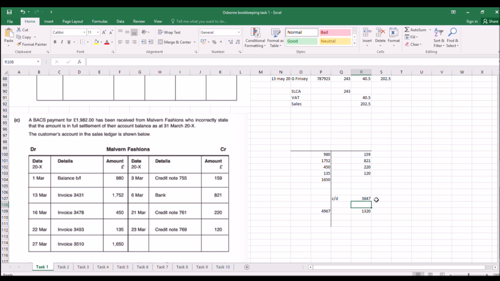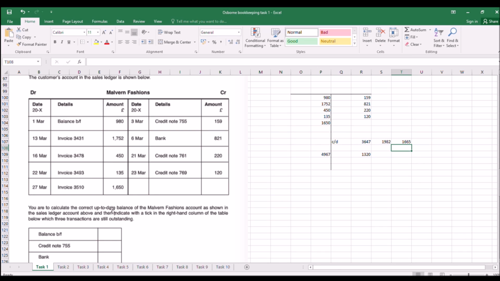So we think that's what they owe us. They think they owe us 1982, so the difference between the two is that we think they owe us an extra £1,665. Now we're going to find out which combination of these three items it is.